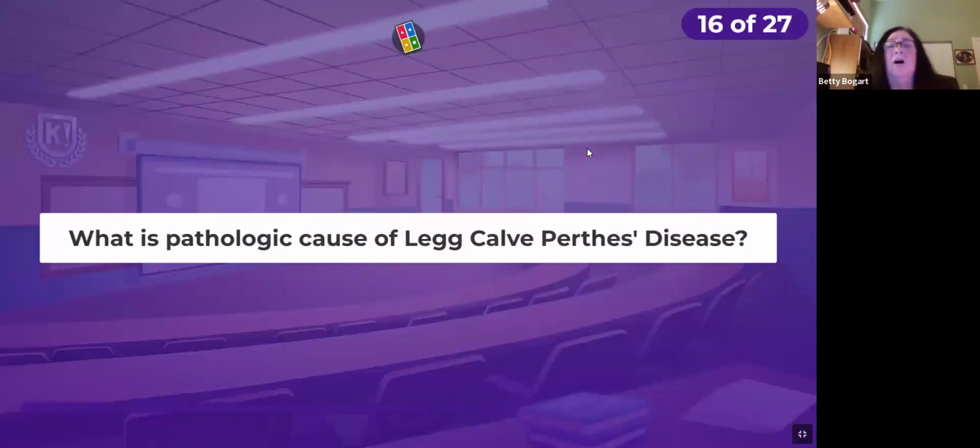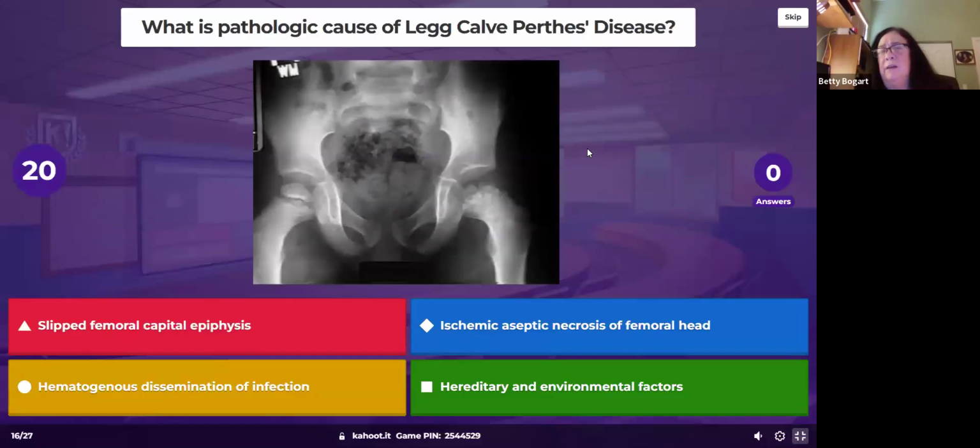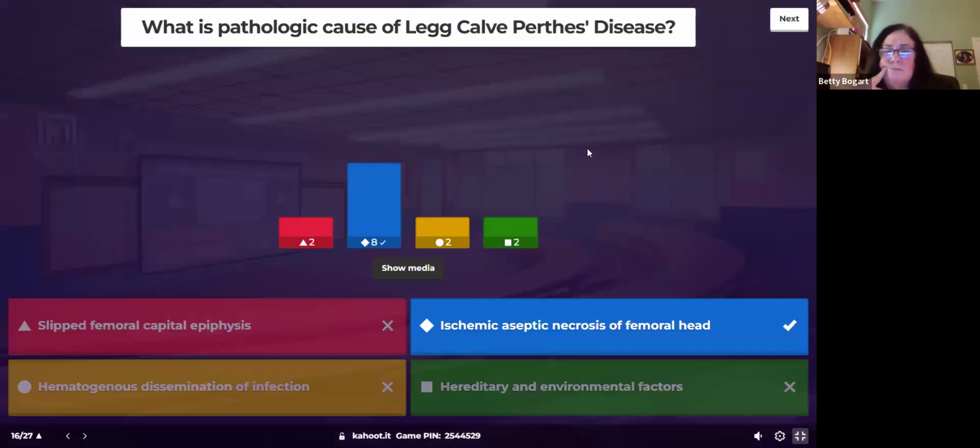What is the pathologic cause of Legg-Calvé-Perthes disease? See that fuzzy stuff on that left hip there? It's on the right side. You see that fuzziness? That's Legg-Calvé-Perthes.